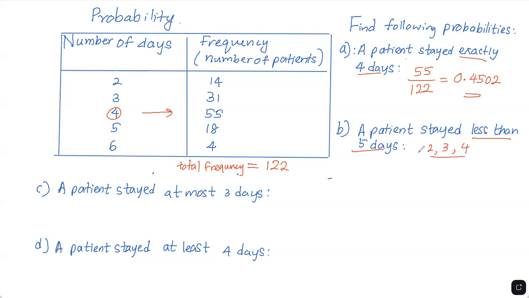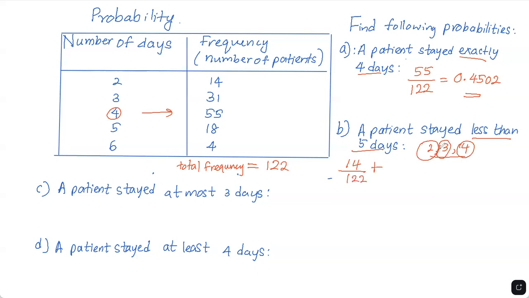Then you have to calculate the probability of each of these events. Number of days is 2, the second one 3, and the third one is 4. So first probability, as you can see, the number of days 2, the frequency is 14. The probability is 14 out of 122.